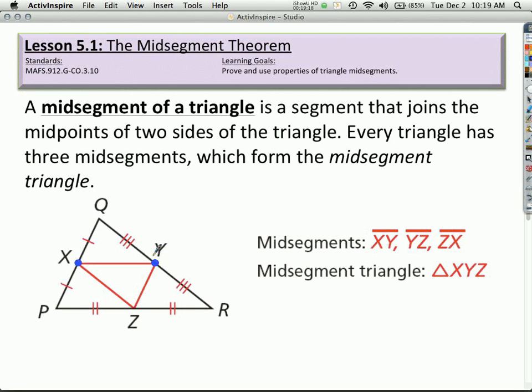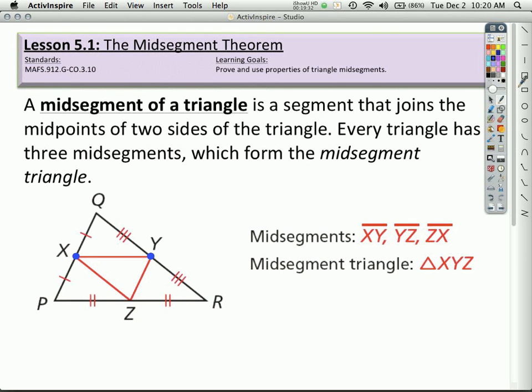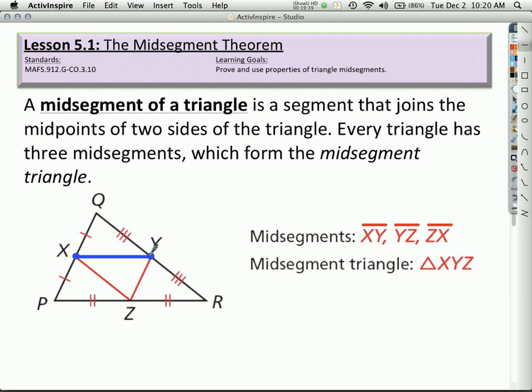Y is the midpoint of QR. We can see that because of the triple tick mark and the triple tick mark, showing that that segment is congruent to that one. That means that's the midpoint. When we connect those two points, X and Y, like this, we form what is called a midsegment.